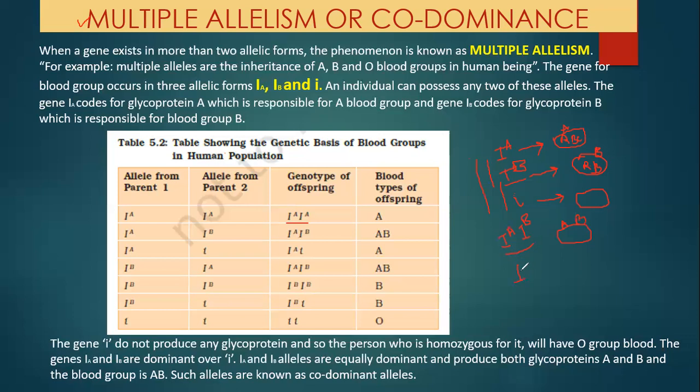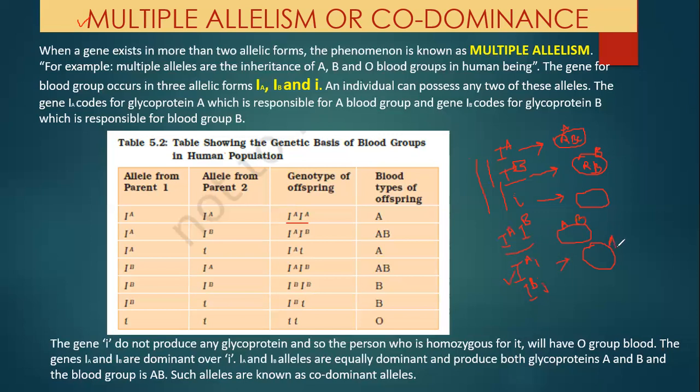But if IA is present with a small i, or IB is present with a small i, then IA is dominant over small i, and IB is also dominant over small i. In that case, only the dominant allele will be expressed.